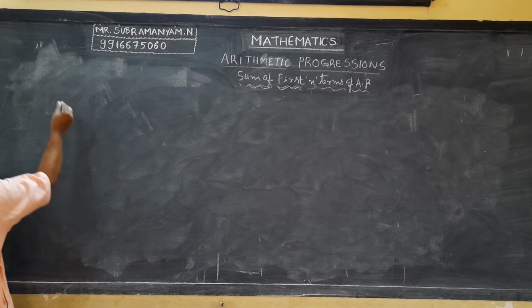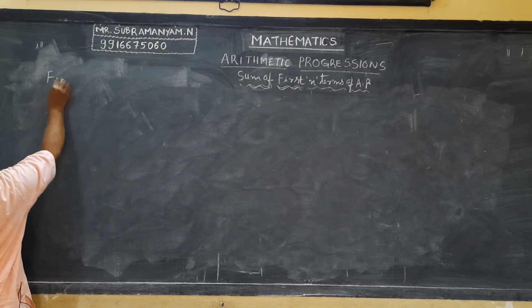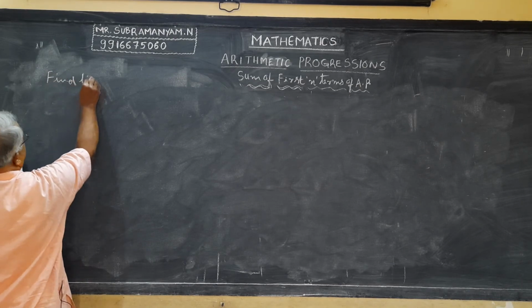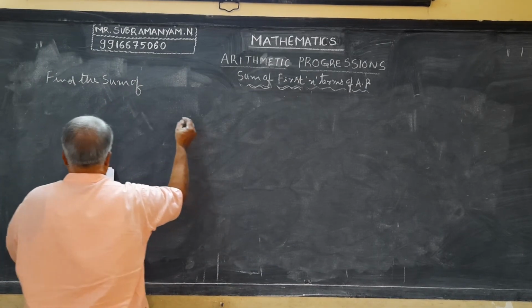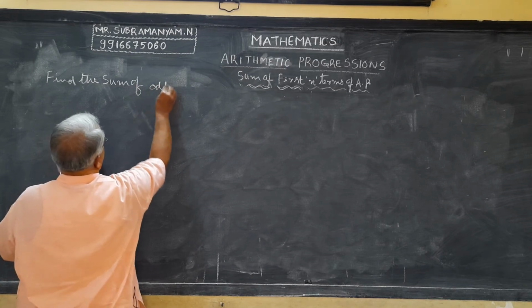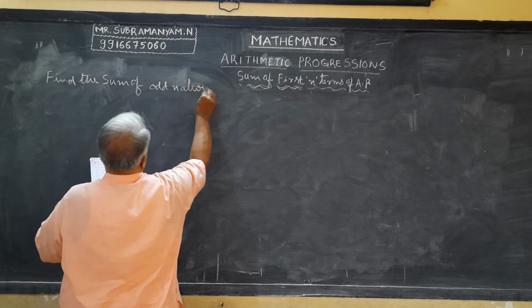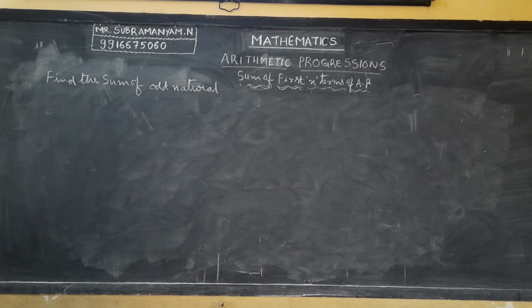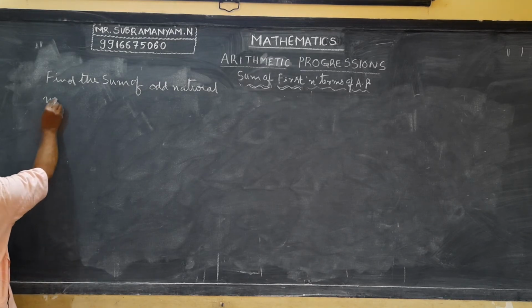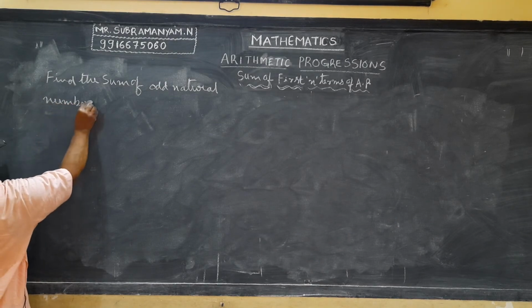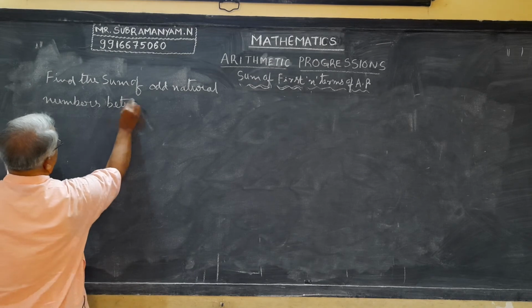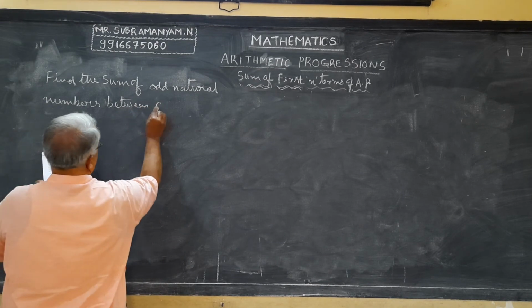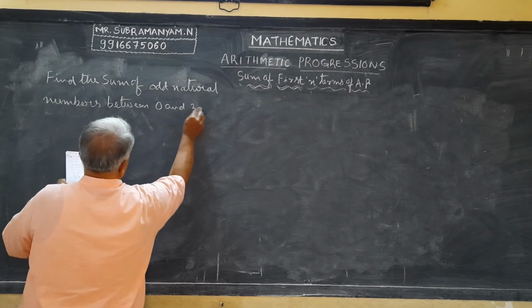Find the sum of odd natural numbers between 0 and 30.